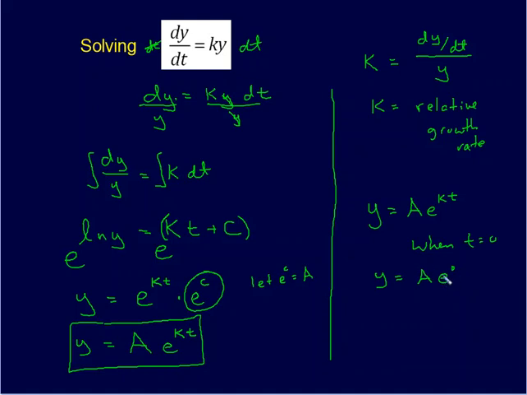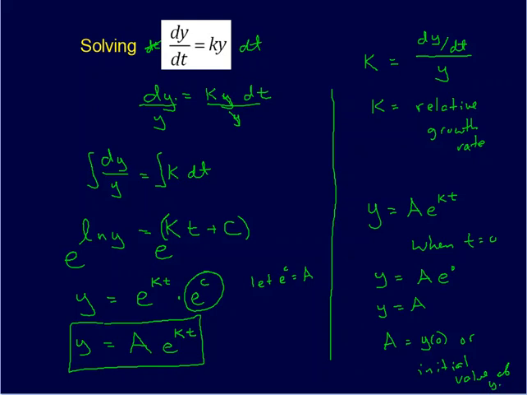And we know that e to the 0 is 1. And so what we can observe here is the quantity a is really y of 0. Or we could just call that the initial value of y. Okay, it's y of 0.